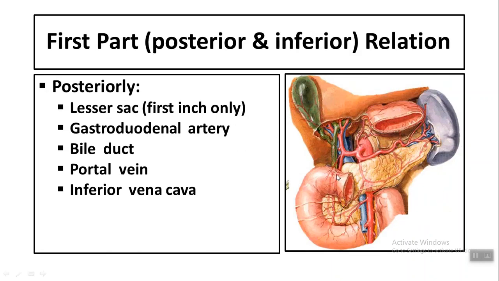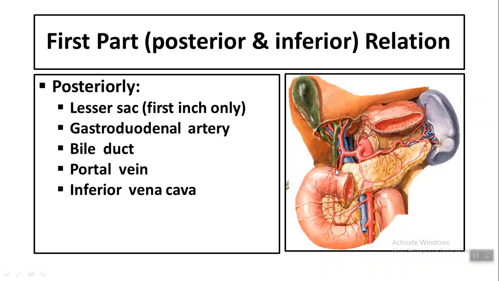What is its posterior relation? There are important relations to the first part of the duodenum. Posteriorly is the lesser sac, which is the first inch only, the gastroduodenal artery, which is a branch from the hepatic artery, the bile duct, the portal vein, and more posteriorly the inferior vena cava.